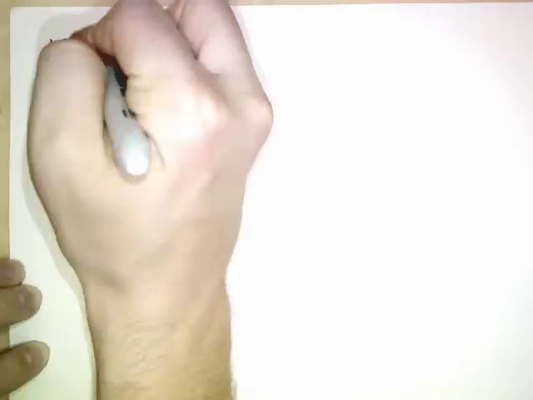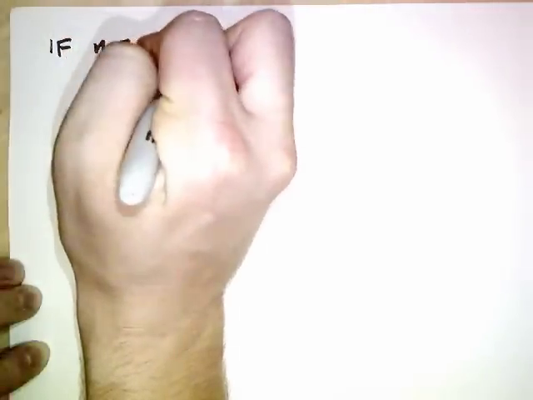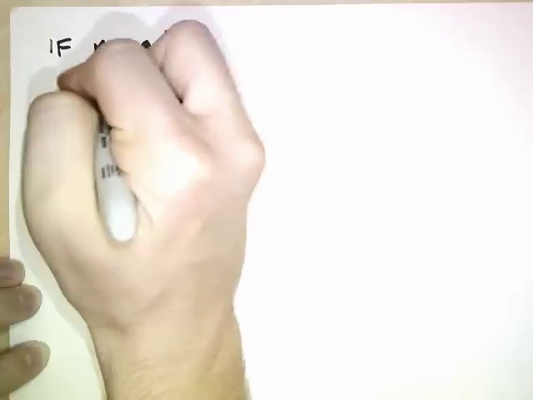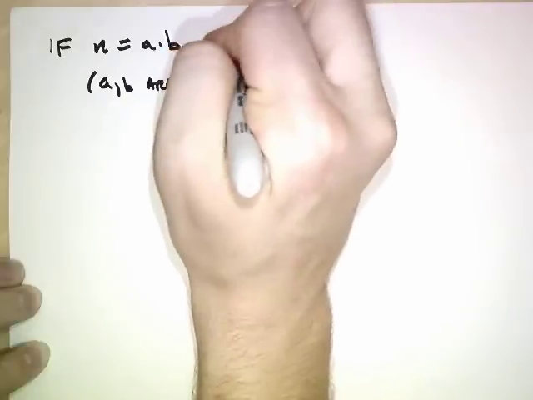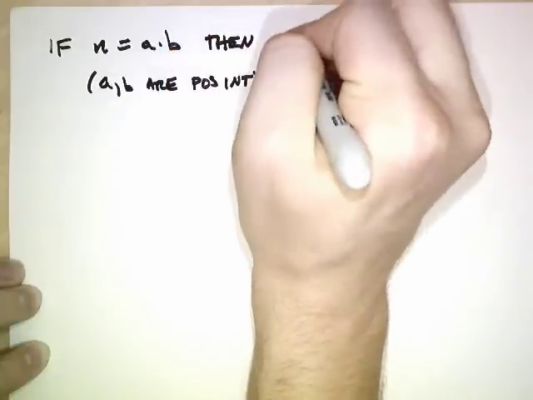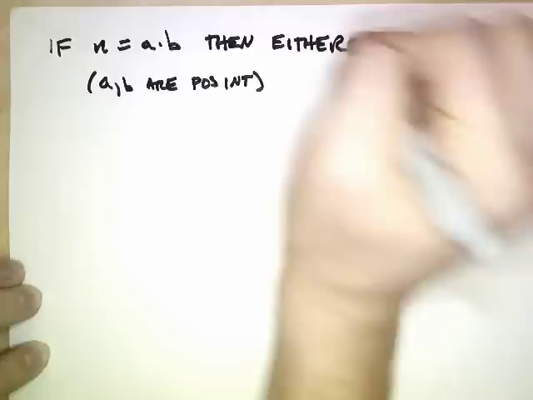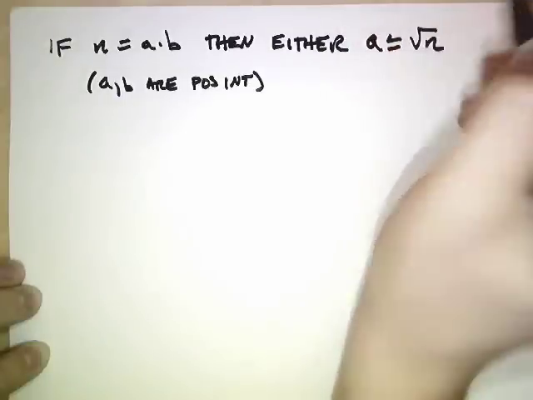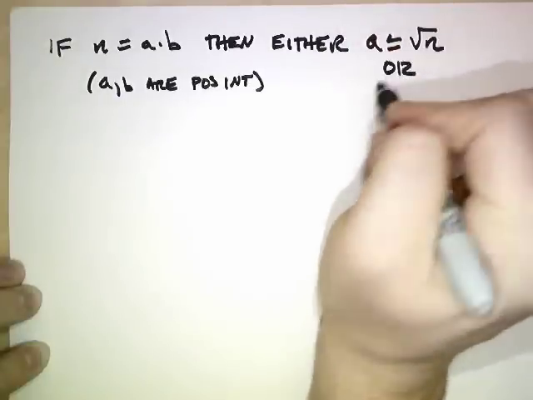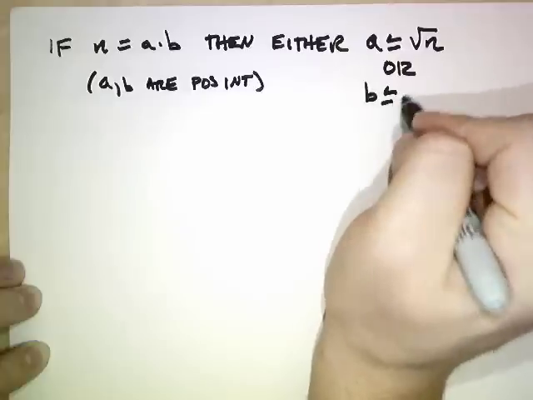Here's another simple proof by contradiction. Let's say we want to prove that if n equals a times b, where a and b are positive integers, then either a is less than or equal to the square root of n, or b is less than or equal to the square root of n.